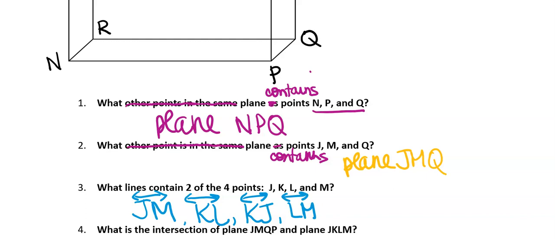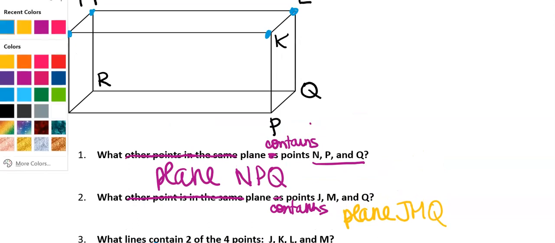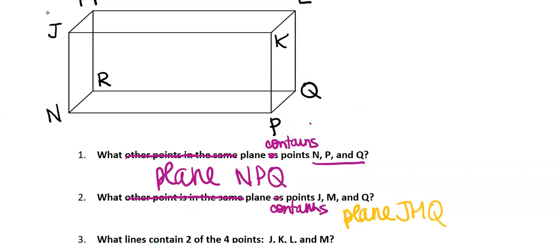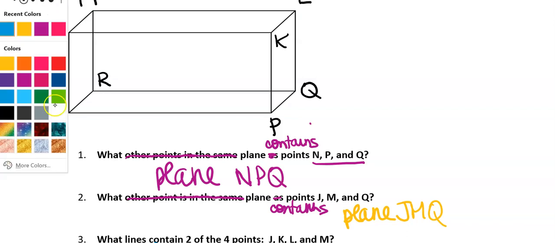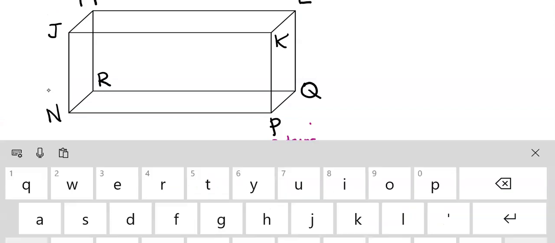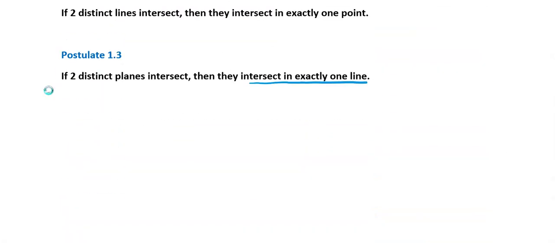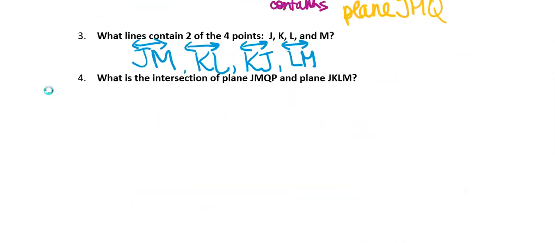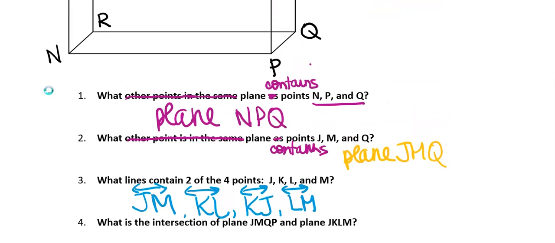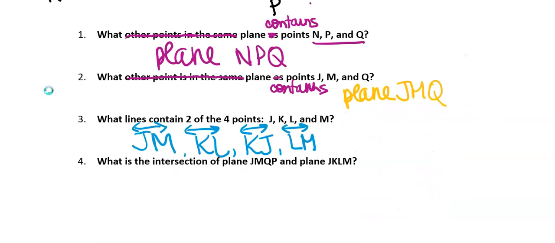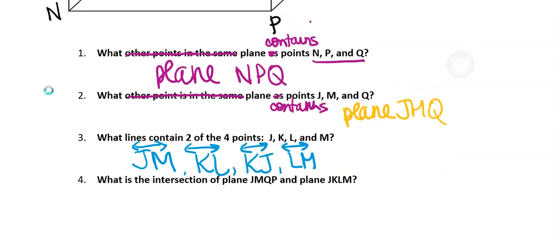What is the intersection of plane JMQP? Sorry, it went again. Every time my keyboard pops up, it goes way back to the beginning. What is the intersection of plane JMQP and plane JKLM?